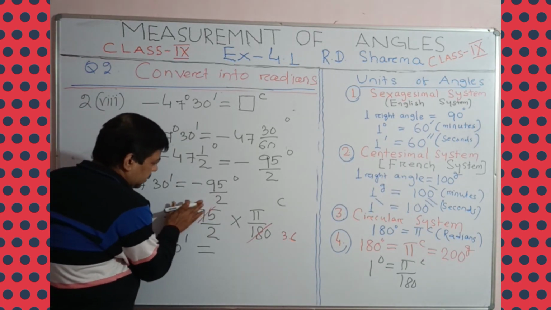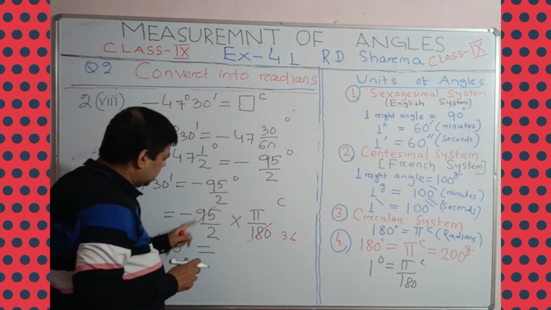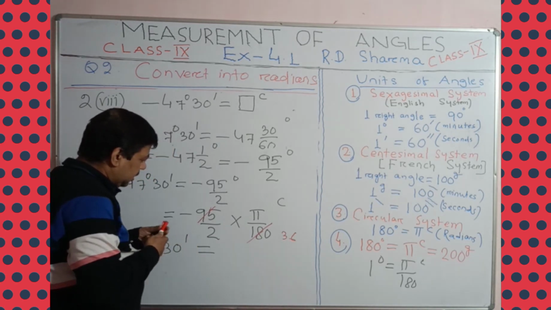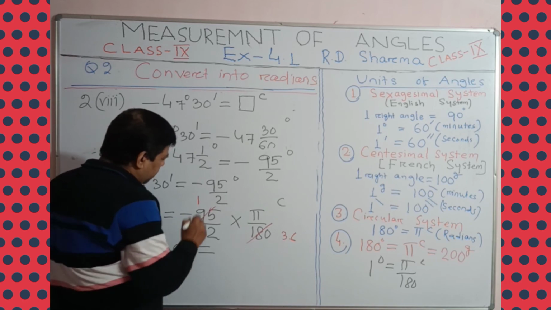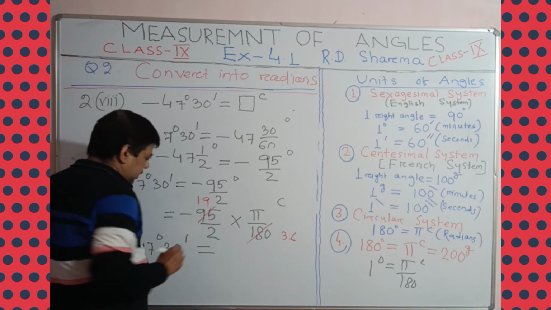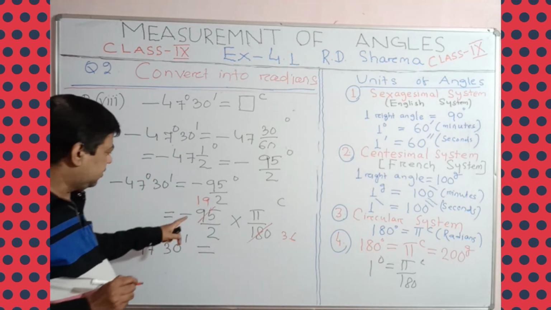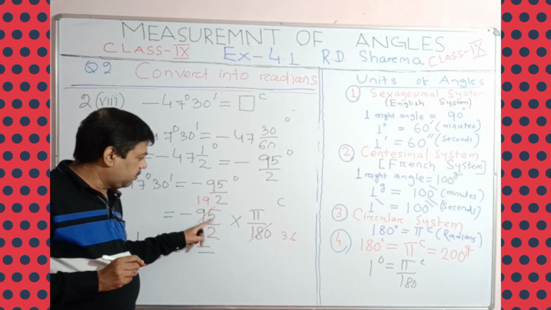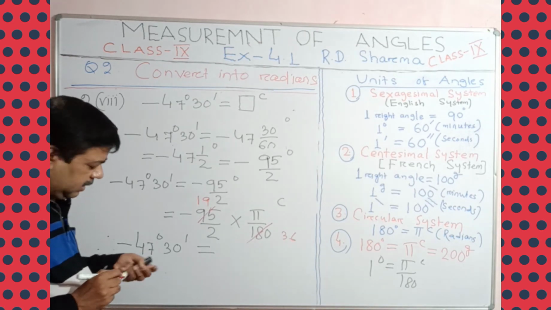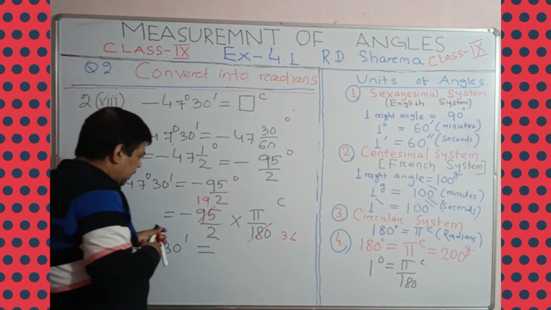Oh, it is a mistake, sorry. You are cancelling by 5, so 5 ones are 5, 5 nines are 45, so 95 divided by 5 is 19, and 180 divided by 5 is 36.